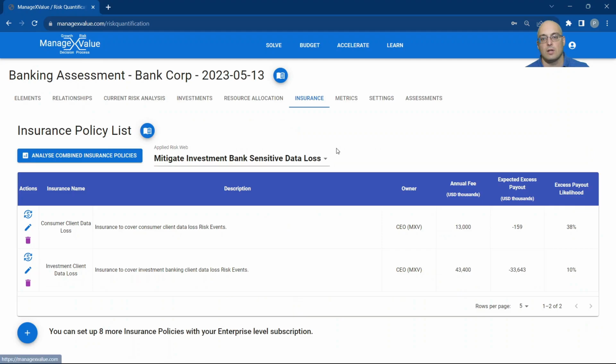So all of this is a new feature for our ManageXValue Risk Quantification platform, and it is another aspect that helps clients to manage their risks effectively and efficiently.